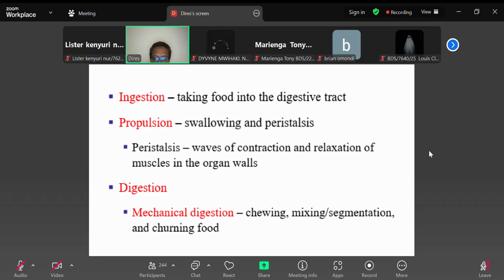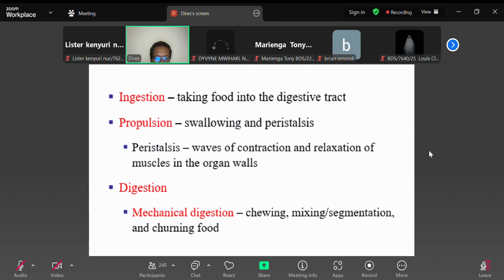In the small intestine, there is segmentation, segmental movement. A segment of the small intestine contracts and relaxes. Thereby, it mixes the food with the digestive enzyme. That is called mixing movement or segmentation, which is mechanical digestion again.